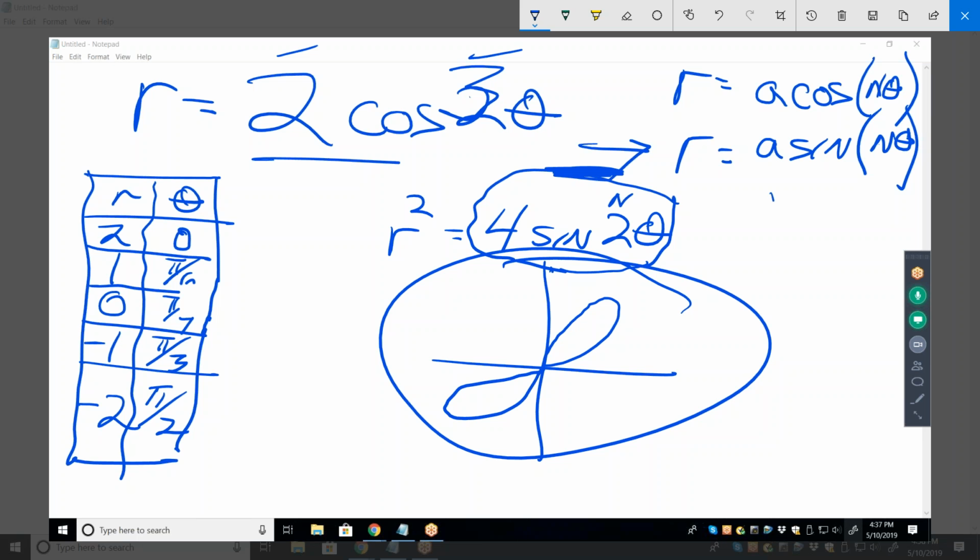There is no point for that. If I made theta 100 degrees, you wouldn't be able to solve this. There's no r squared that's equal to 4 times the sine of 2 times 100 degrees, because the sine of 200 degrees is a negative number, and r squared is always a positive number. So there's no solution.